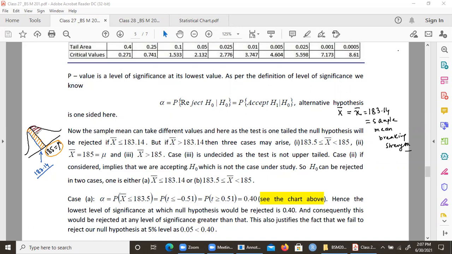So these three cases may happen if your value X bar is greater than 183.14.